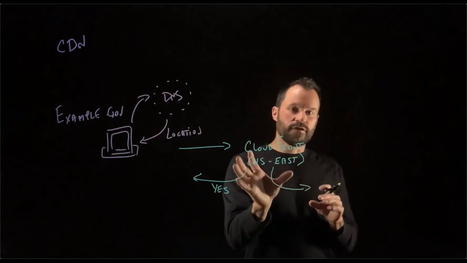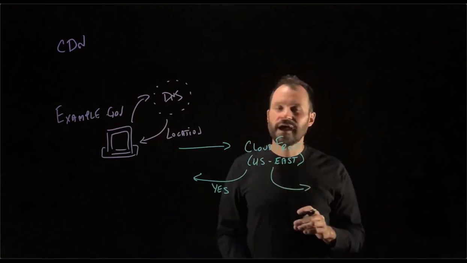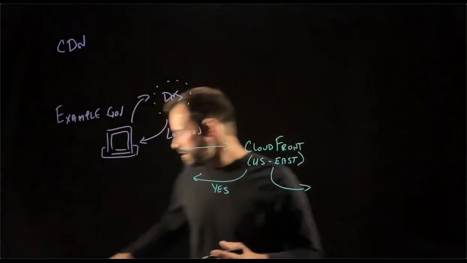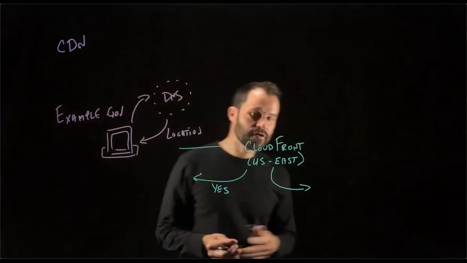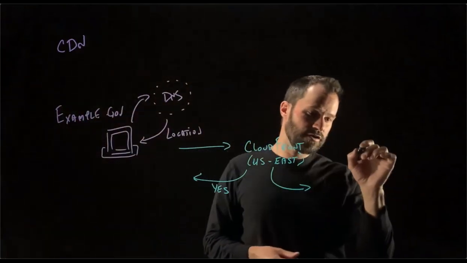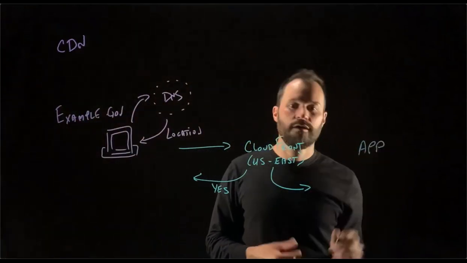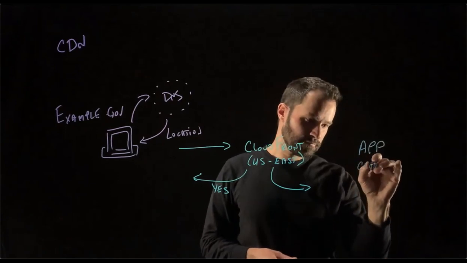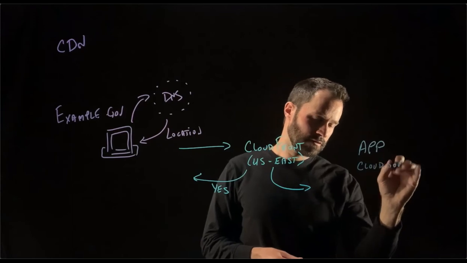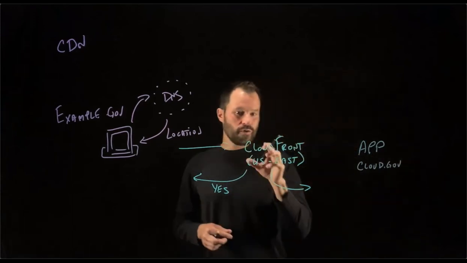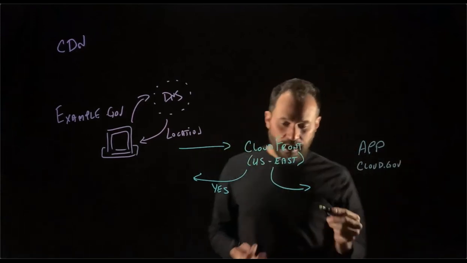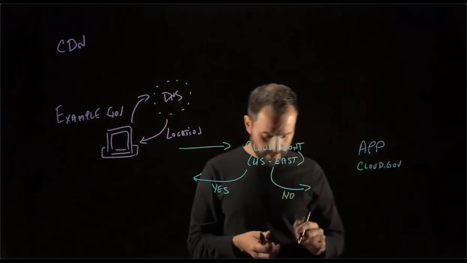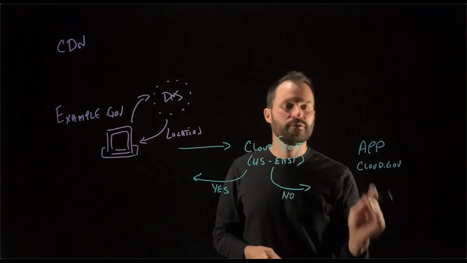In CloudFront, when we set up CloudFront as a cache, the cache always has what we call an origin. And the origin, in your case, or in our case, is actually your application running in cloud.gov. And so in the event of a cache miss, this CloudFront cache is going to reach back to your application.